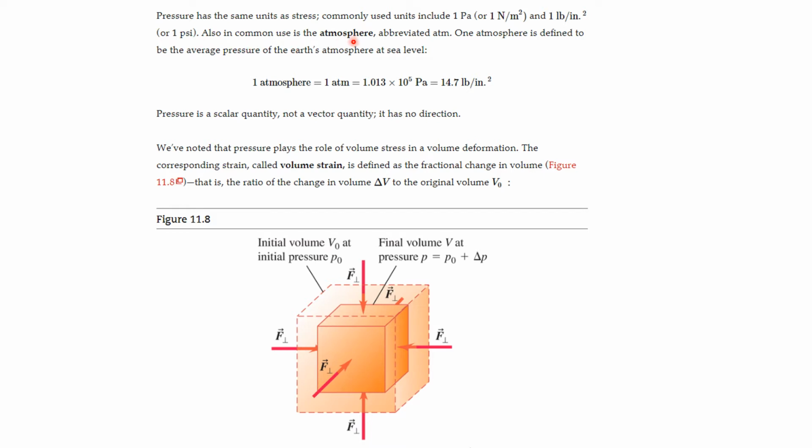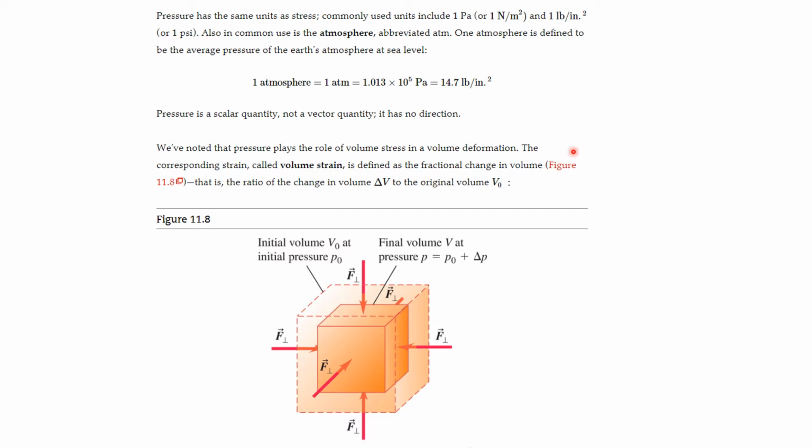Also in common use is the term atmosphere, abbreviated ATM. 1 atmosphere is defined to be the average pressure of the Earth's atmosphere at sea level. 1 atmosphere then is approximately 1.013 times 10 to the 5th pascals, or in terms of pounds per square inch, it is 14.7 pounds per square inch. Students should note that pressure is a scalar quantity, not a vector quantity. It has no direction, although the force applied does have direction.